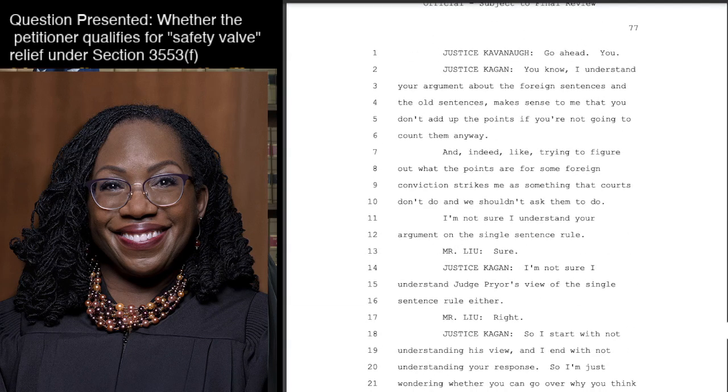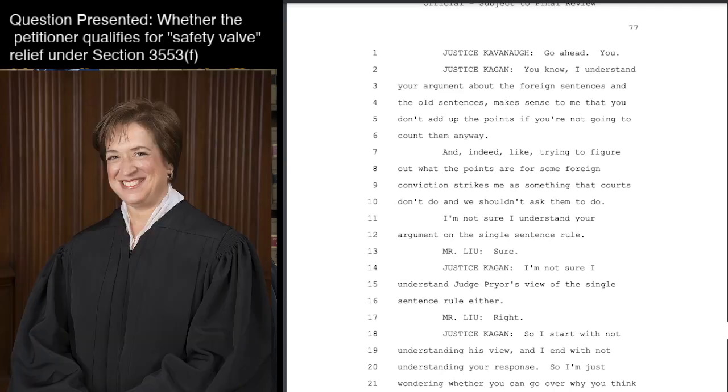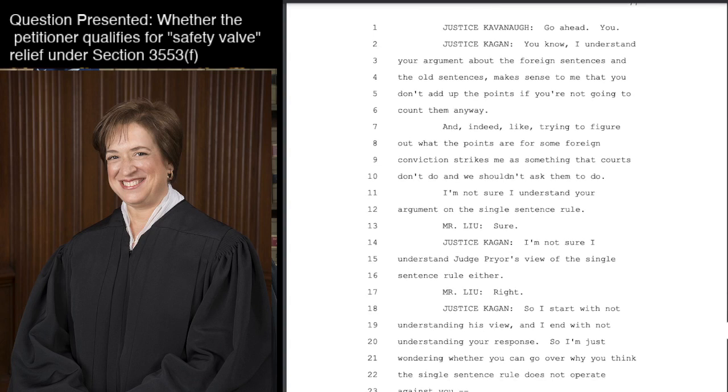I understand your argument about the foreign sentences and the old sentences. Makes sense to me that you don't add up the points if you're not going to count them anyway. And indeed, trying to figure out what the points are for some foreign conviction strikes me as something that courts don't do and we shouldn't ask them to do.